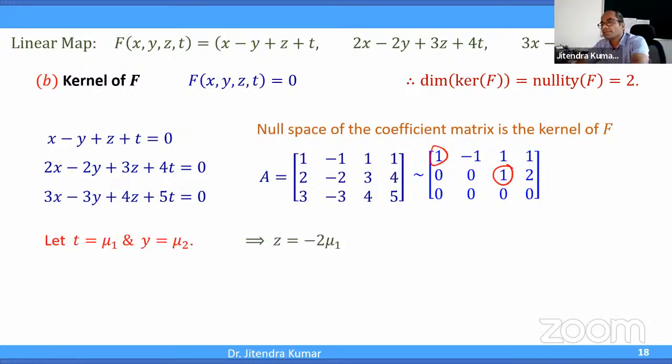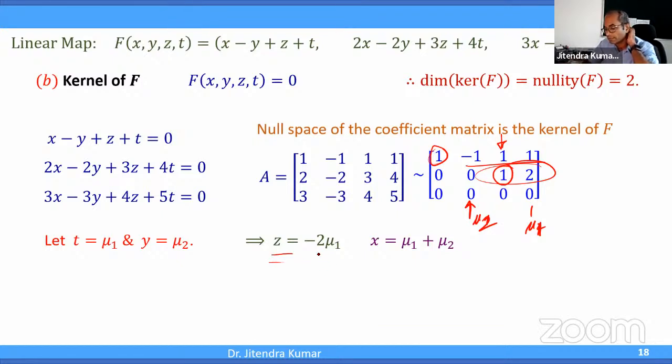So we can now generate the solution. One variable can be minus 2 times an arbitrary parameter, and x can be computed from here, taking the free variables as mu1 and mu2. From this equation we get x, y, z.